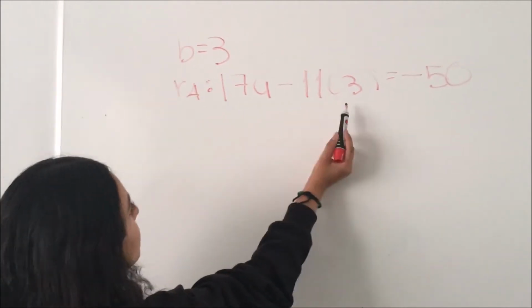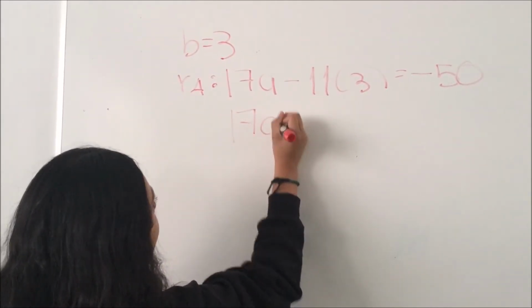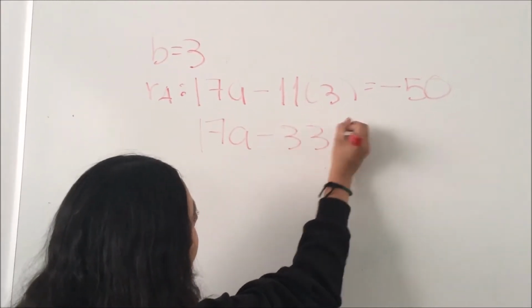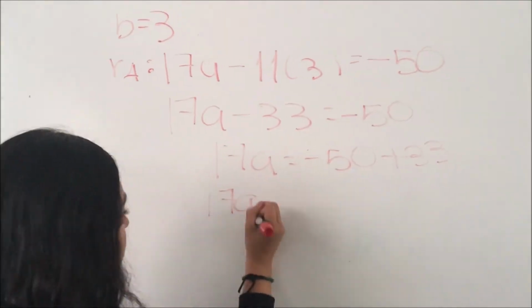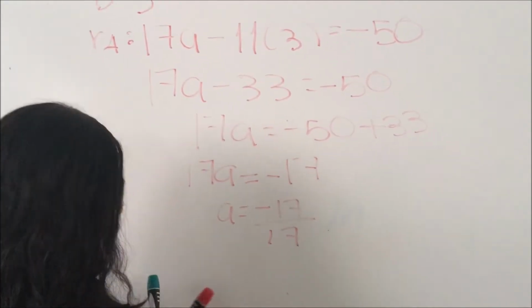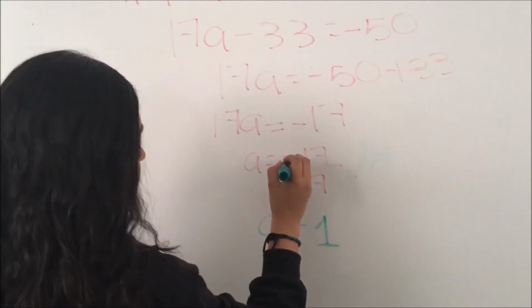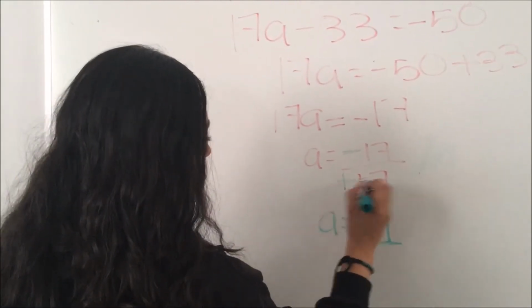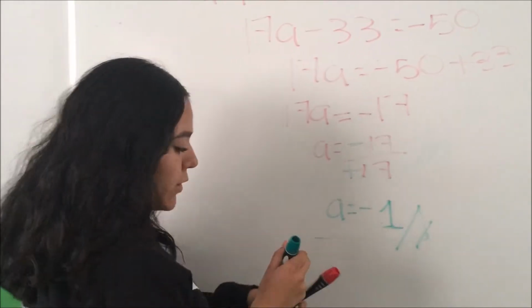If we've substituted B into the factor of 3, we're gonna put 17A minus 33 equals minus 50. A is gonna be equal to minus 1 because there is a negative factor and a positive factor being divided. So now we know that A is equal to minus 1.